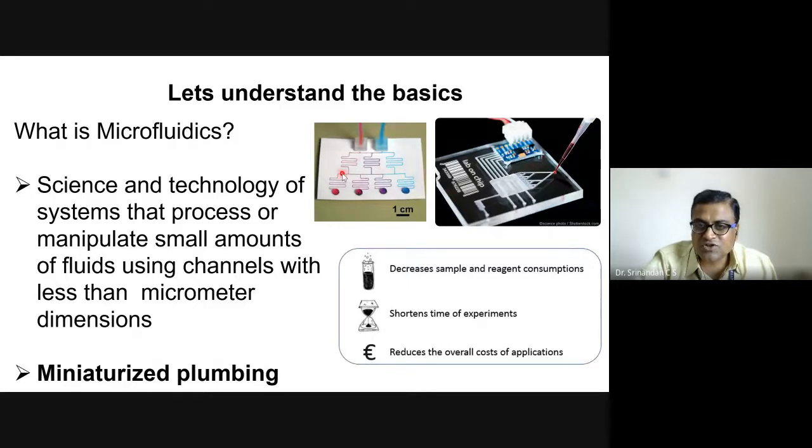All these patterns you're seeing are plumbing. So you do a miniaturized plumbing, essentially, as an engineer, and you make the flow at micro levels, in very low amounts.